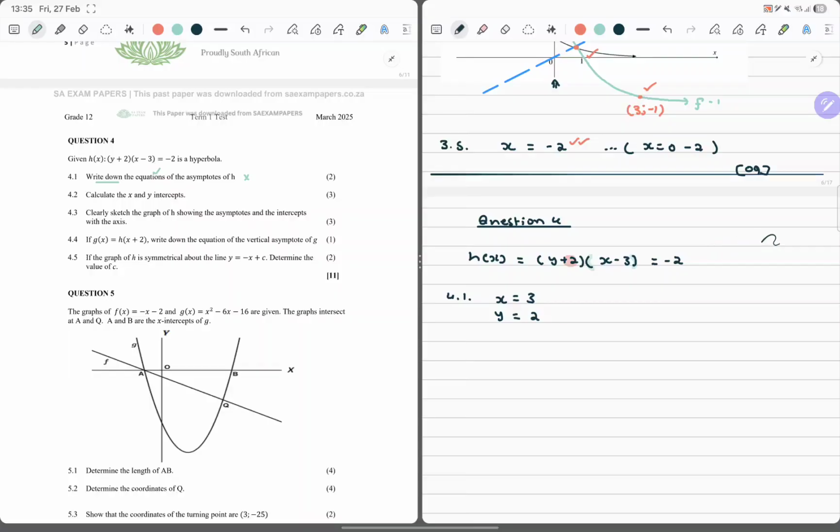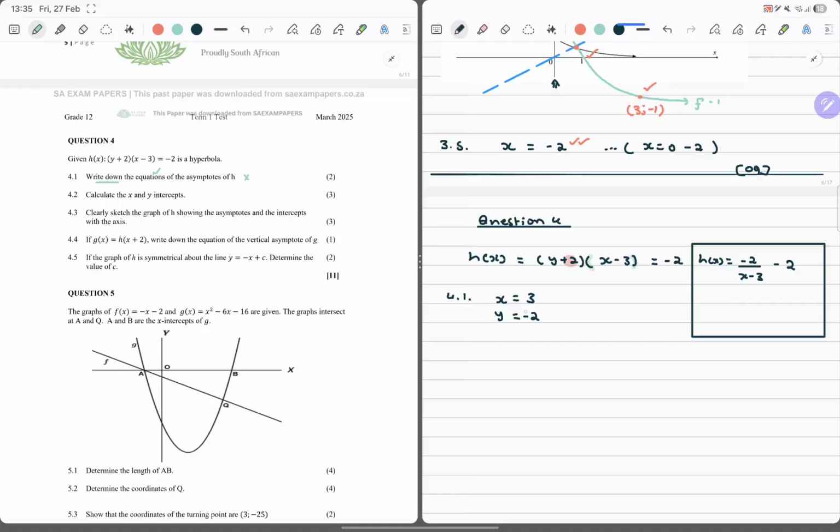Of course, for those who want to know what I did to know this, let me show you here. Essentially, h of x is, we will take the -2 and divide by the x term, so it's going to be x minus 3. Then we transpose the 2. So I made a mistake, guys.